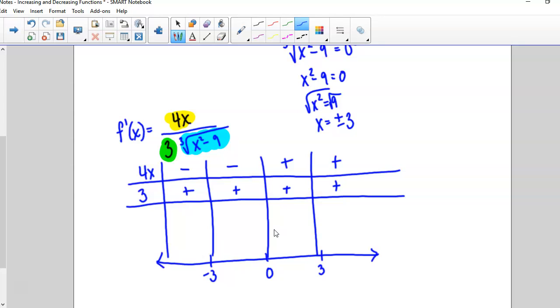Every piece needs to be there. And then we've got the cube root of x squared minus 9. If I'm picking numbers to plug in here, a number below negative 3 might be negative 4. Negative 4 squared minus 9 is 16 minus 9.